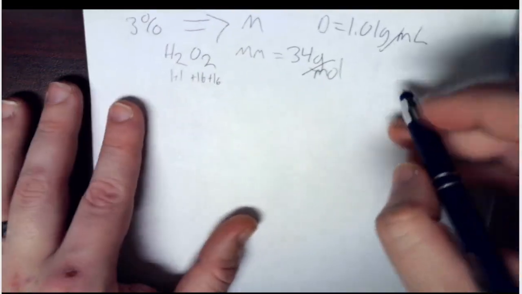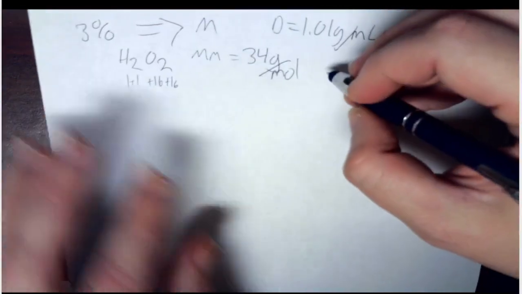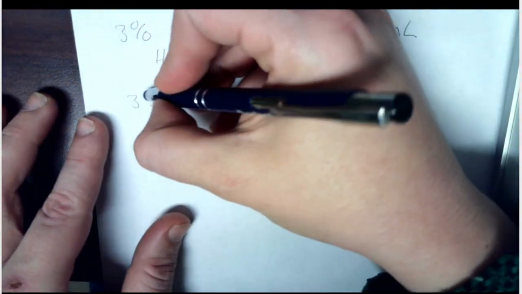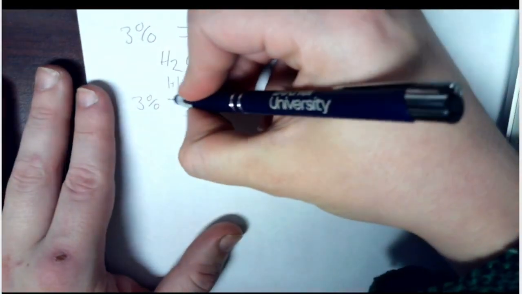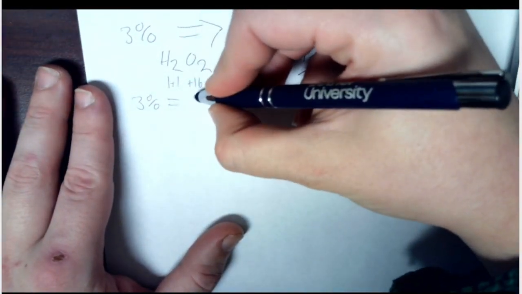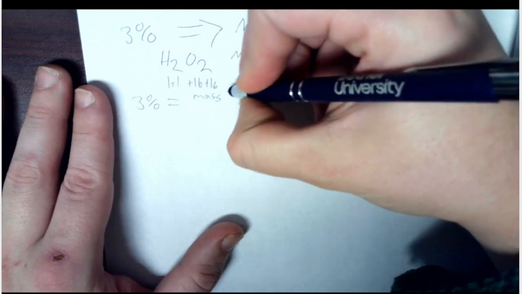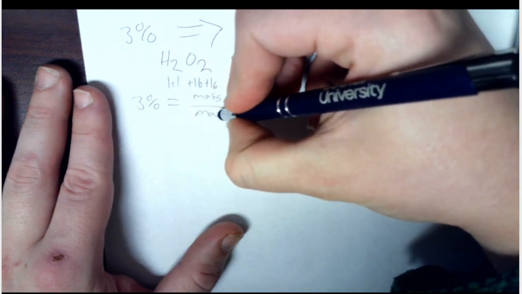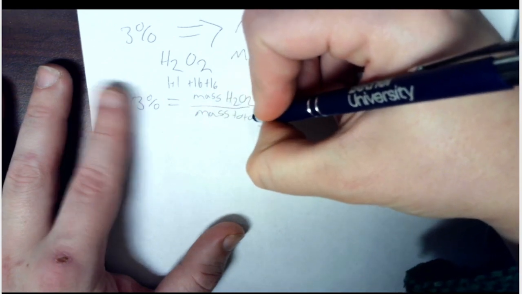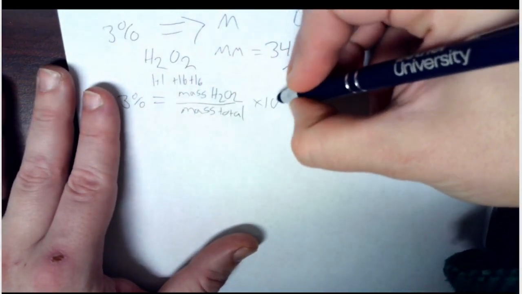So 3% by mass. Here's where it helps to have a limber mind. That's mass of hydrogen peroxide over total mass times 100.